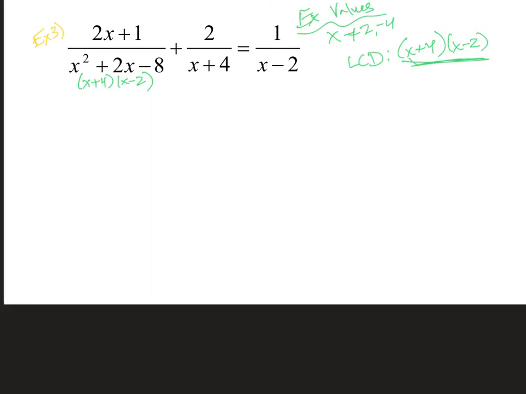Third step says multiply every term by that least common denominator. So let's do that.